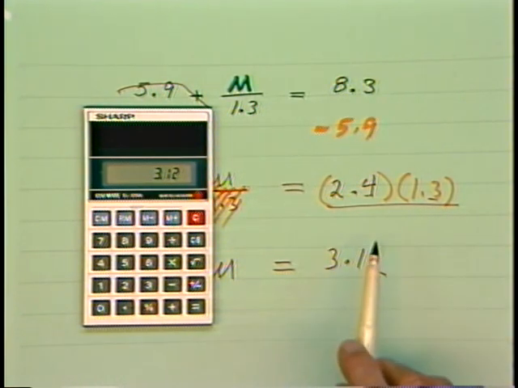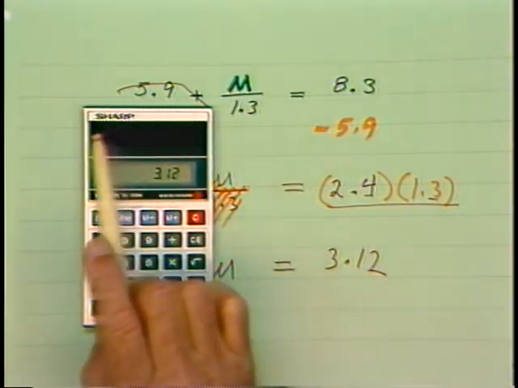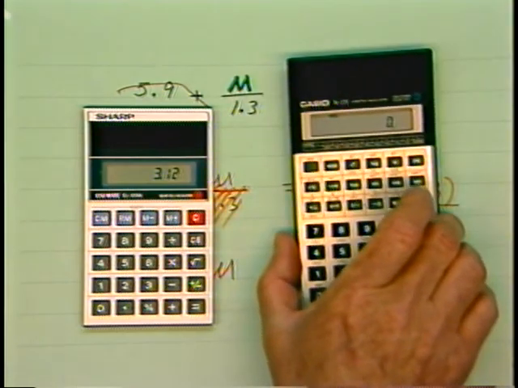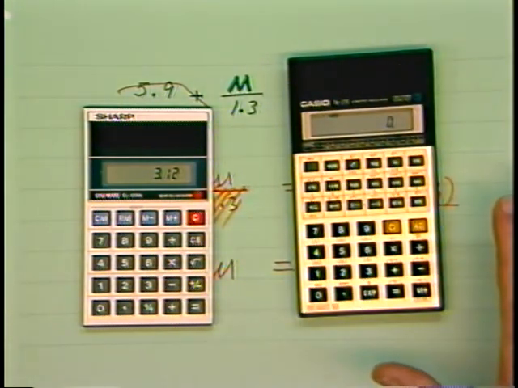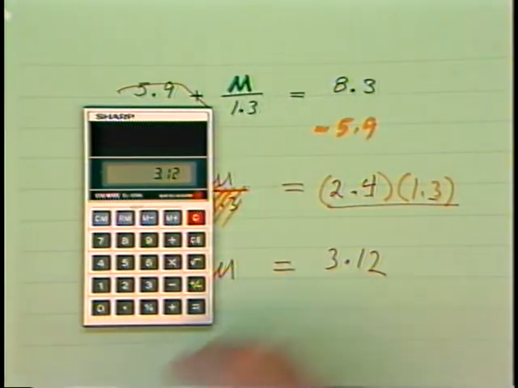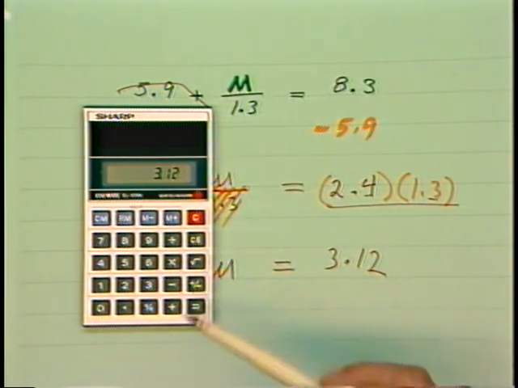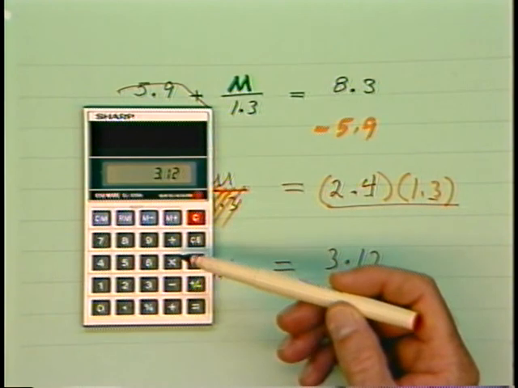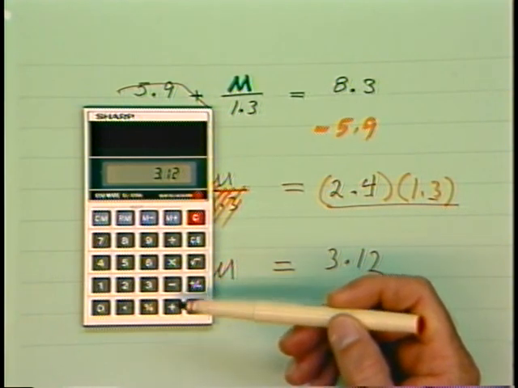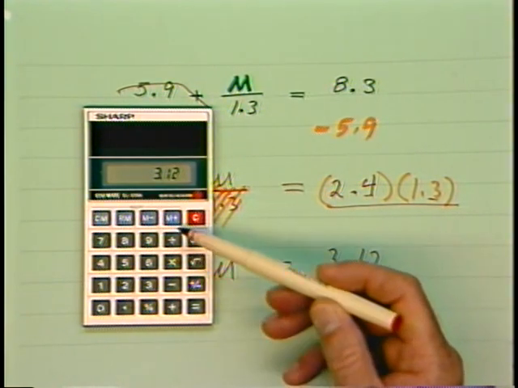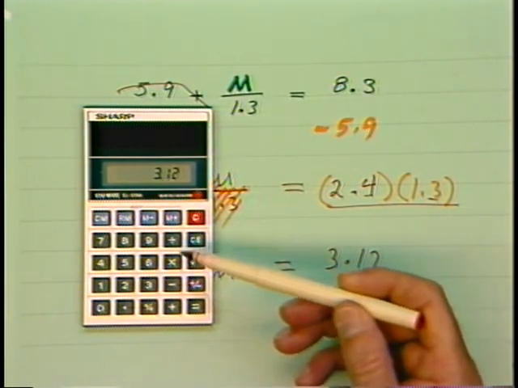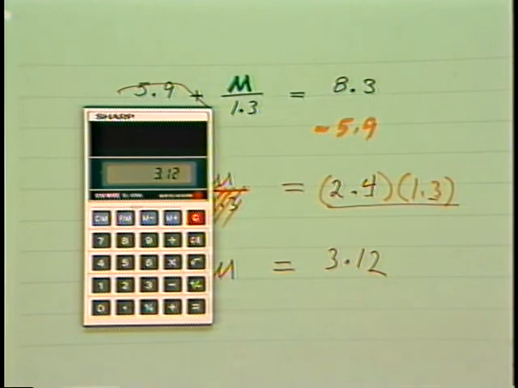You might notice that I have a slightly different calculator here than the one I've been using all along. That has been a scientific calculator, and this one is what we call a simple four-function calculator. See, it has division, multiplication, subtraction, addition, the principal four functions. It also has memory and a square root key, so really it has 5 functions.